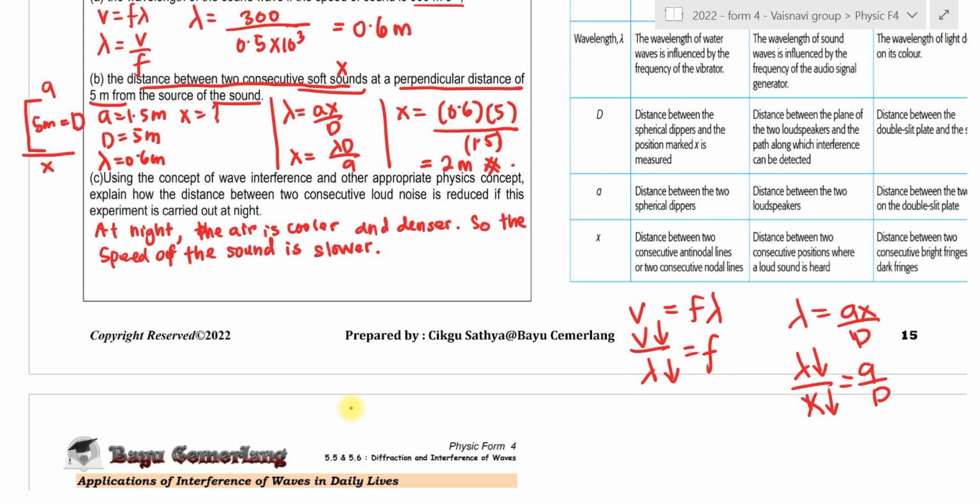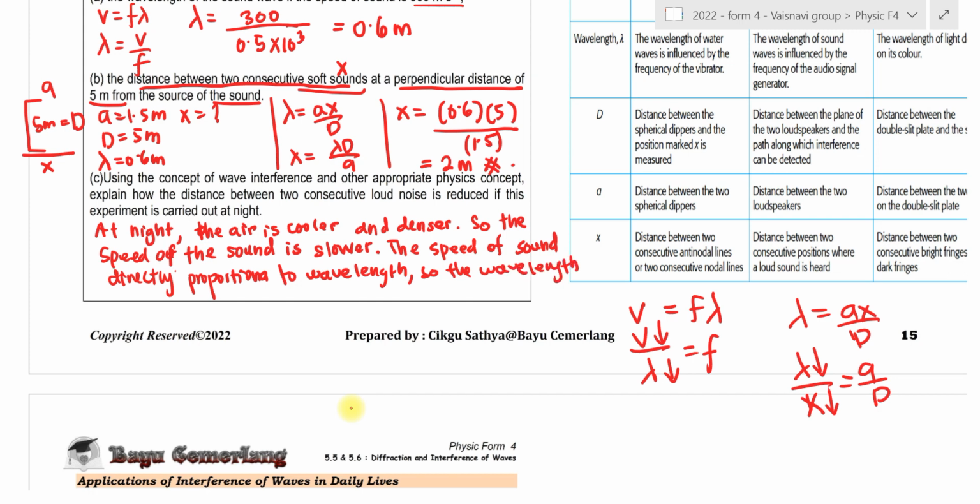Kena relate macam ni. So the speed of the sound is slower. So the speed of sound directly proportional to wavelength. So the wavelength decreases.